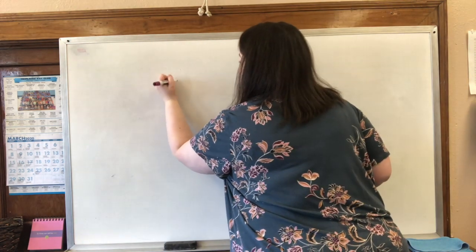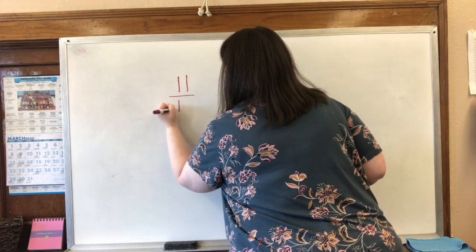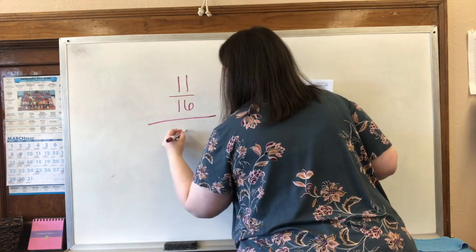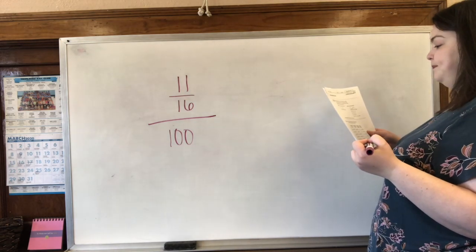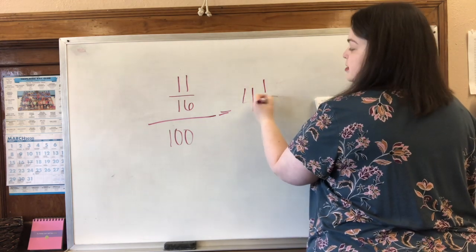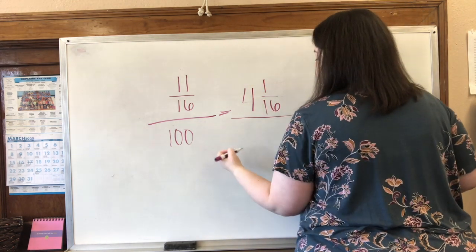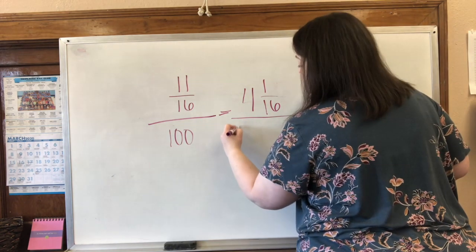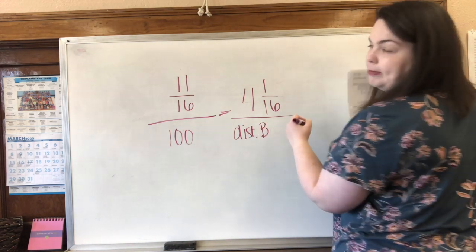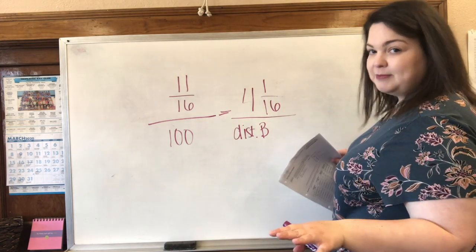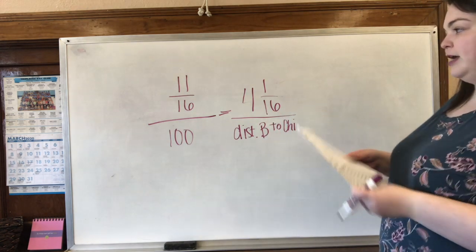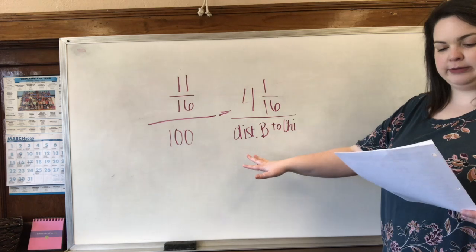It's going to look like this: 11/16 over 100 equals 4 1/16 over your distance, Baltimore to Chicago. Okay, there's your proportion. Step number 1.